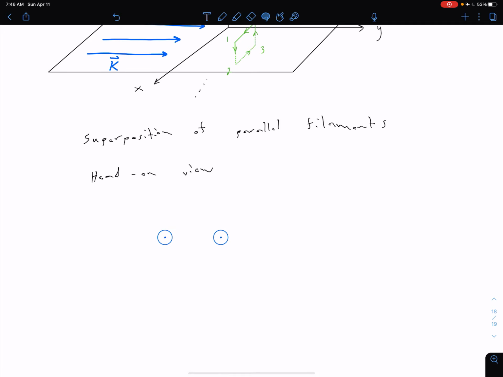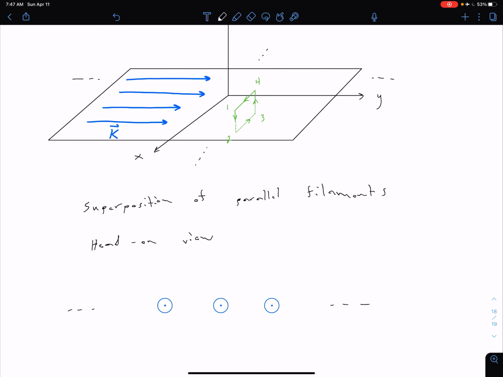So we're going to have a bunch of filaments like this. And let's just go ahead and draw 3 to start with. And of course, we have an infinite amount of these going on in either direction, but our currents are coming out. So we're looking in this direction, right? So here's our little eye. So we're looking in this direction, the current's coming towards us.